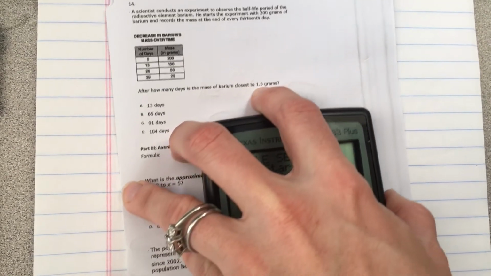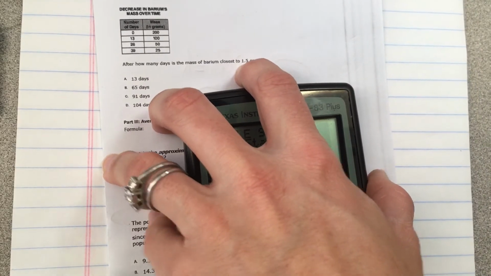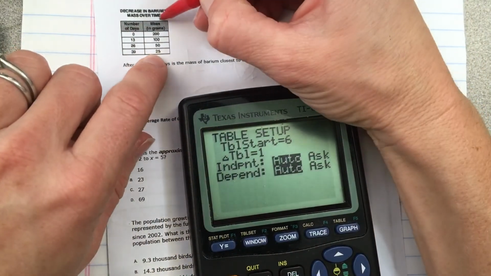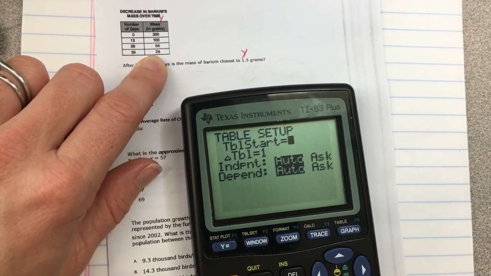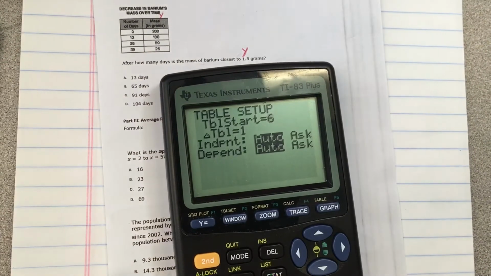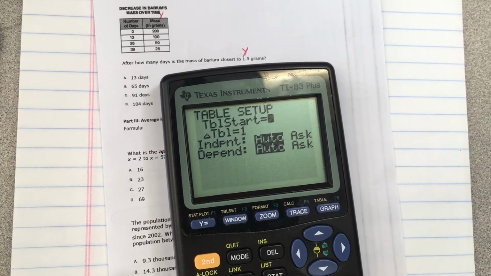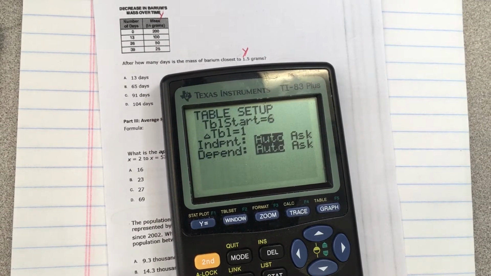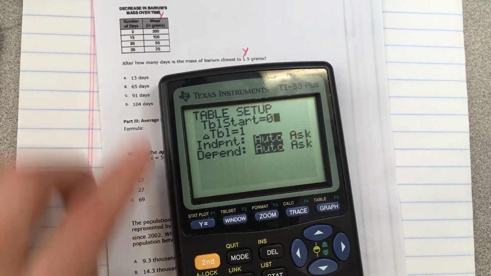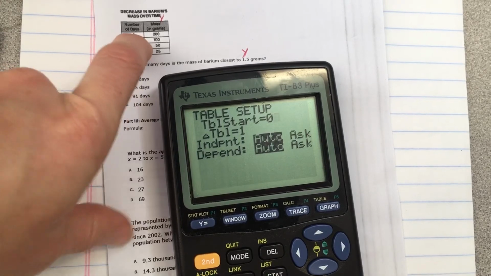Do I type in 1.5? No, 1.5 is a what value? Y. 1.5 is a y value. You cannot type in y values here. It won't work. It'll give you the wrong answer. What do we want to start at? 0, 1, doesn't matter. Okay, I'm going to say 0 just because that's what we've done in the past, whatever the table starts at.